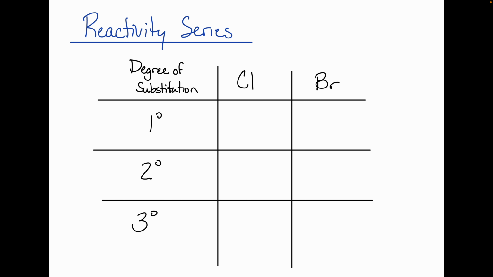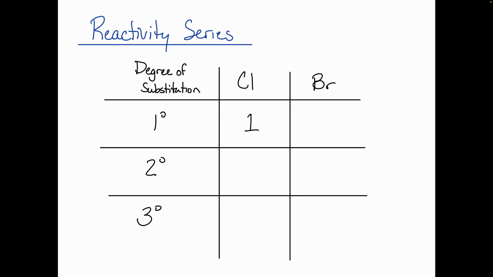All right, and this reactivity series is relative here, meaning that our primaries are always going to get the reactivity value of 1. All right, so for our secondary carbon, if we're doing a reaction with chlorine, a secondary carbon is 3.9 times more reactive than a primary carbon. And a tertiary carbon is 5.2 times more reactive than a primary carbon.